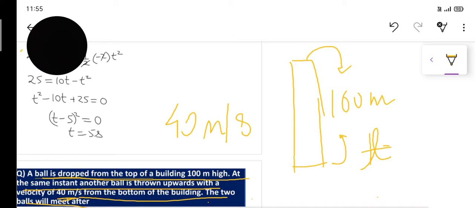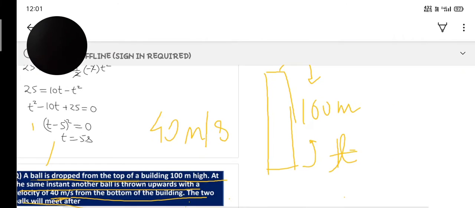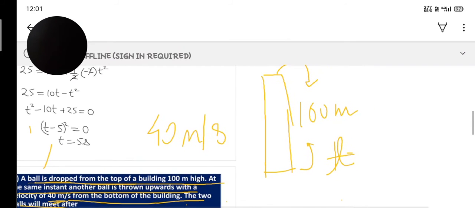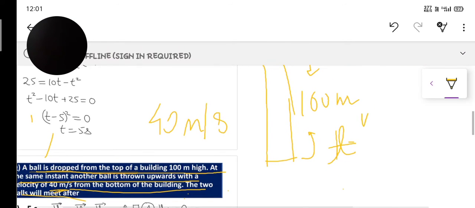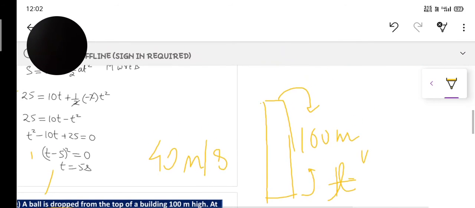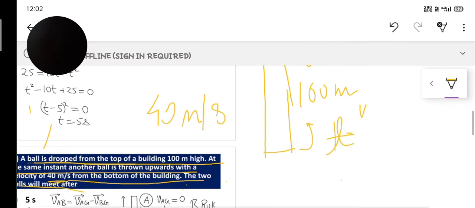For t, we use the formula s equal to ut plus half a t squared. Okay, this is quite easy. So 100 meter, and here we have to find the velocity of a. Let this be ball a and this be ball b.